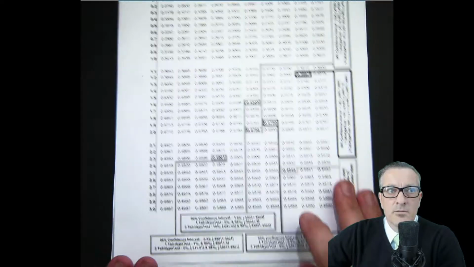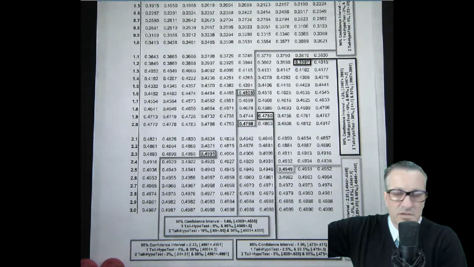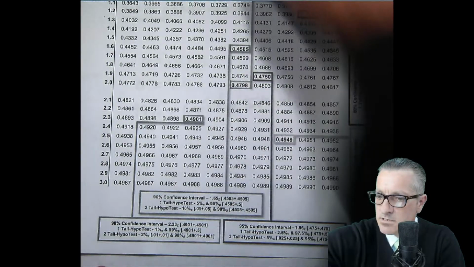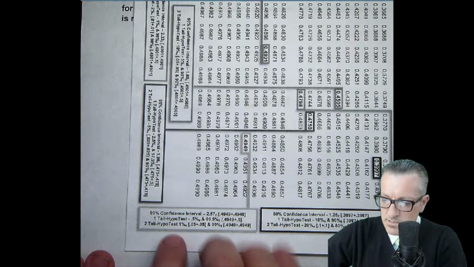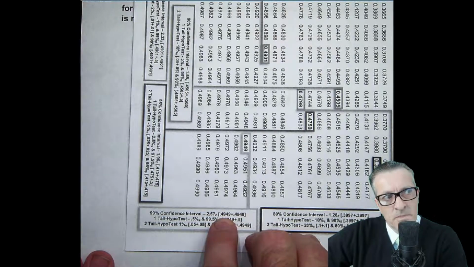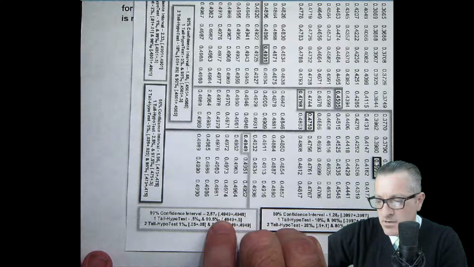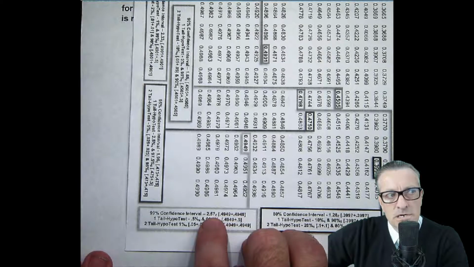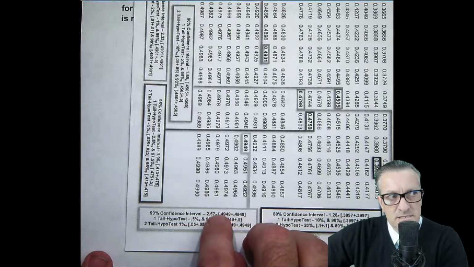2.57. On this table that I'll provide, and it'll be available in the additional documents for this video, you'll see here it says 99% confidence interval, 2.57 z, and it shows how that works out, which is 0.4949 plus 0.4949, and that is how you end up getting the probability that is equivalent to the z-score that's listed.